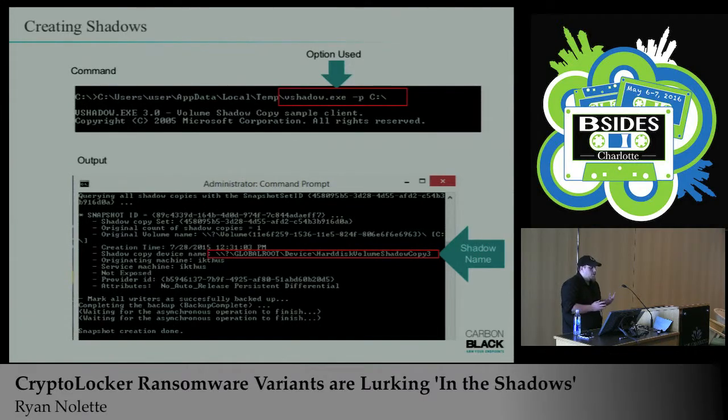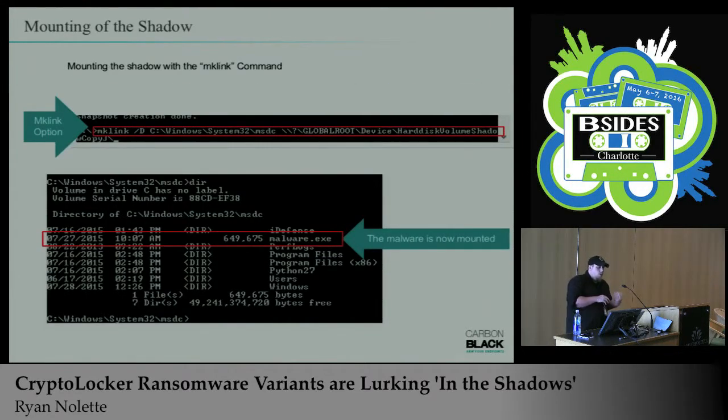You can choose wherever you want to go. One of the things to pay attention to here is where it says shadow name. I realize pointing at the screen you can't see what I point at. The shadow name I named volume shadow copy 3. The reason I bring this up is this is basically what the identifier is for the rest of the attack, so you know we're working with the same stuff.